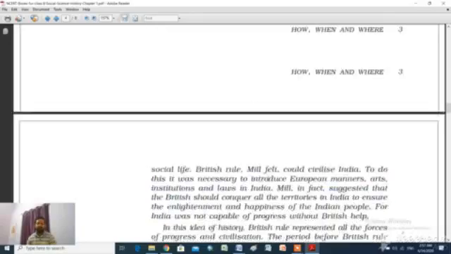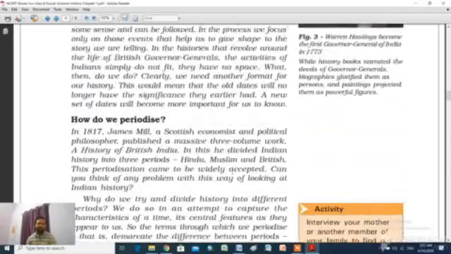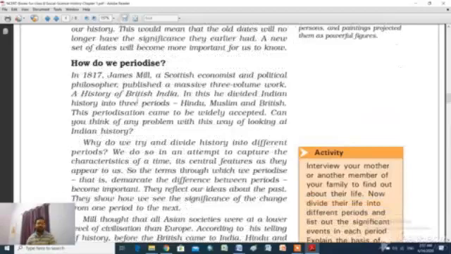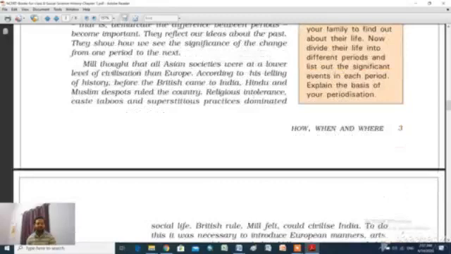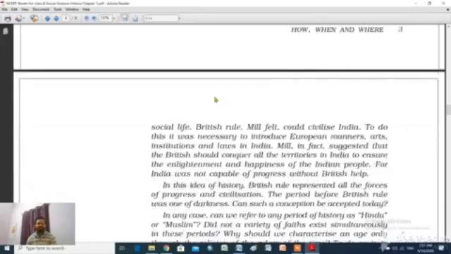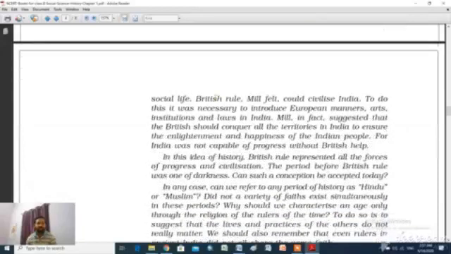Look at this. The first division of Indian history was by James Mill, in which he divided it into Hindu, Muslim, and British. And he thought that Indian society was uncivilized, intolerant, and full of religious and superstitious practice before the British came to India, and that they made India civilized.